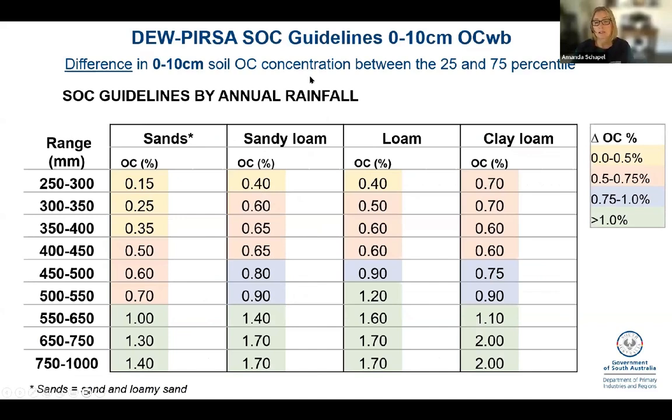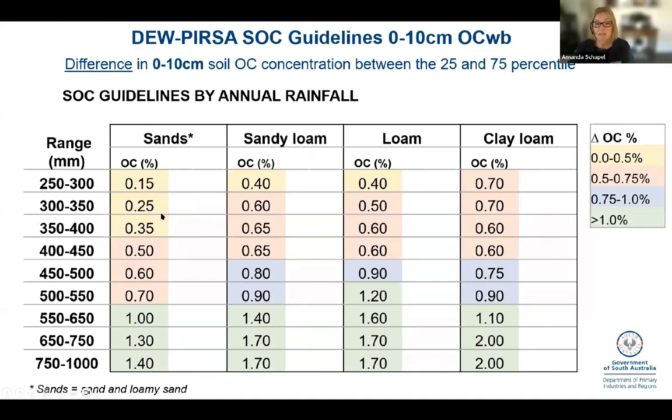This is a guide, based on those guidelines that we had, and it shows you the carbon concentration difference between that 25th percentile and 75th percentile. You can use them as an idea about the maximum carbon change you could expect if you're at that lower end, moving to that target end. We're looking at these rainfall zones at this lower end, so below that 400 mil.